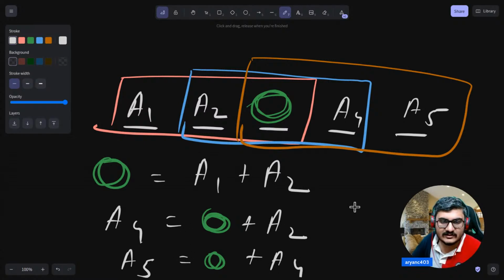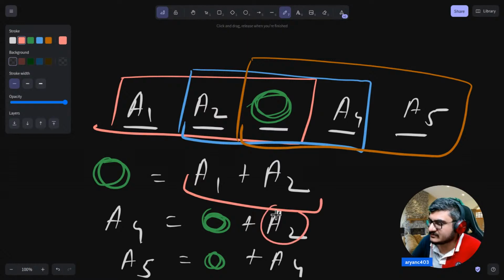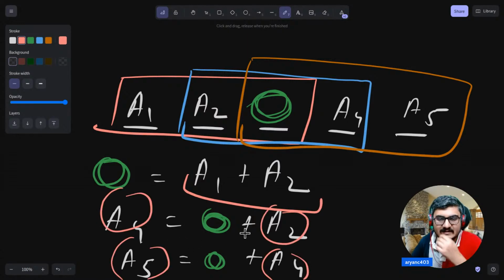So you can notice that in 5 numbers, there can be at max 3 Fibonacci pairs. And the idea can be that you just look at the value of A1 plus A2, then the difference of A4 and A2, then the difference of A5 and A4. And you will get 3 different values of A3. And you can choose the value which has the maximum number of pairs.